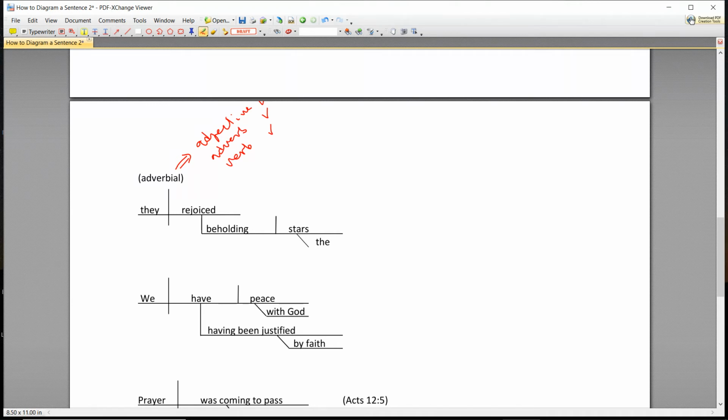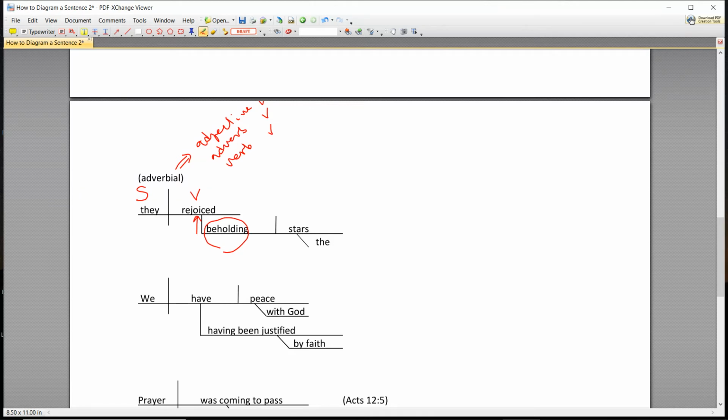They rejoiced. So this is subject and verb. And then what? Beholding the stars, right? They rejoiced. How? Rejoiced how? Beholding the stars. So this participle is kind of modifying rejoiced. They rejoiced how? Beholding, or while. Okay, maybe.